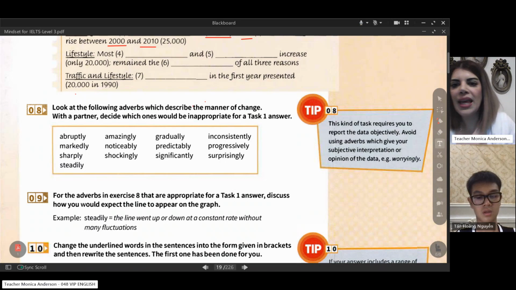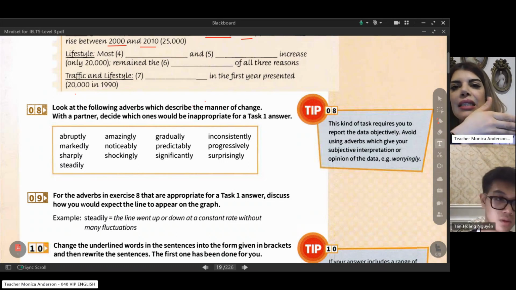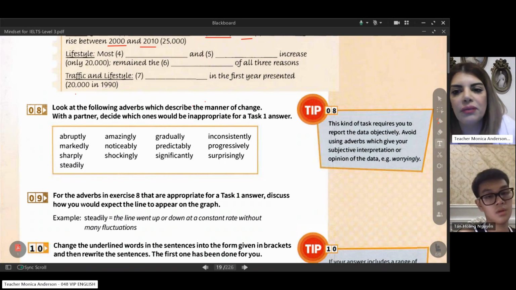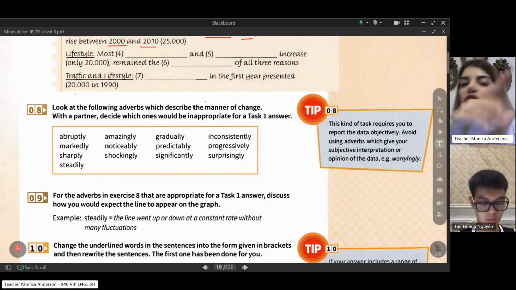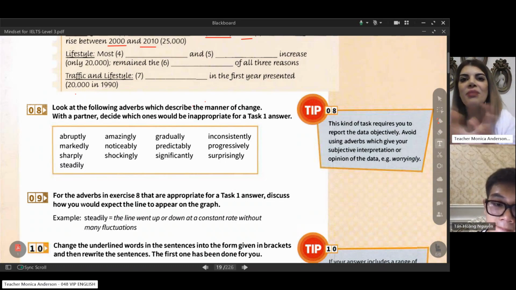Okay, and for markedly, the change indicated by the line is clearly visible, especially when you have different lines, and in comparison with different lines it's really visible. So we can say markedly.